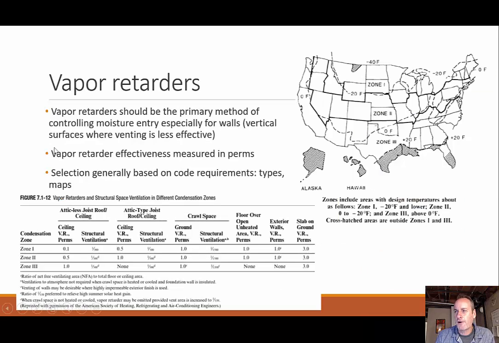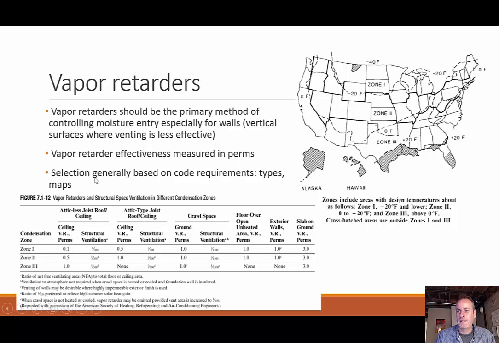As far as our vapor retarders, like I said earlier, this is your primary method for controlling that moisture, especially true in walls because we really can't vent walls very easily. So that's where you usually see structure, especially with stick framing, and you have this sheet of some kind of vapor retarder right next to the framing. We measure this in this idea of perms.